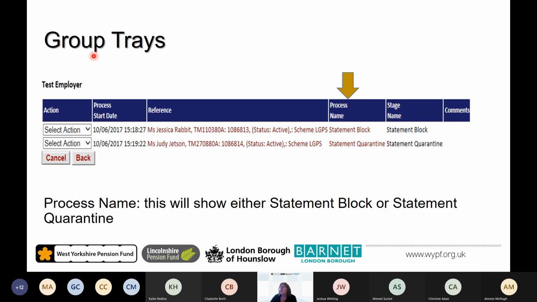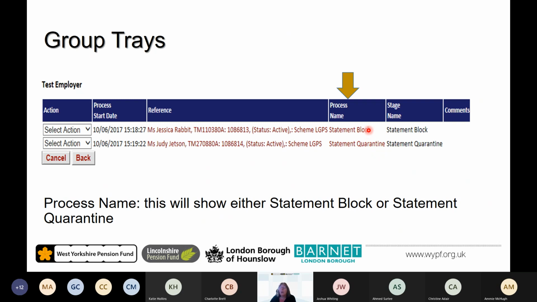So when you go into your group tray, you will see the number of processes here. Here, it'll tell you whether it is a statement block or a statement quarantine. Now, statement quarantines only have a 6-week lifespan, so you need to get on and deal with these quickly.